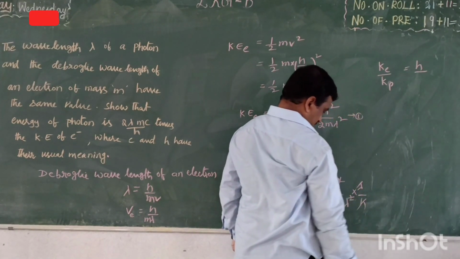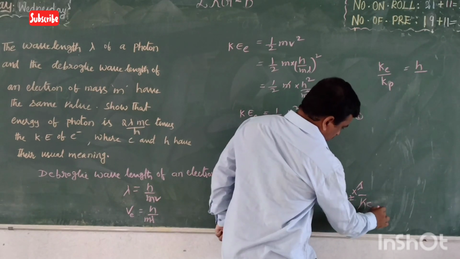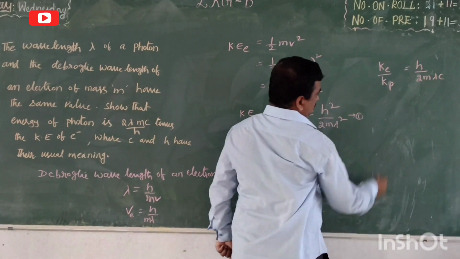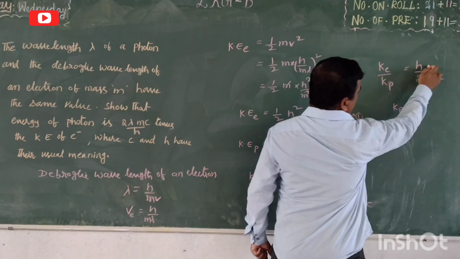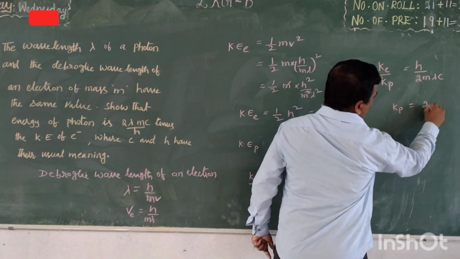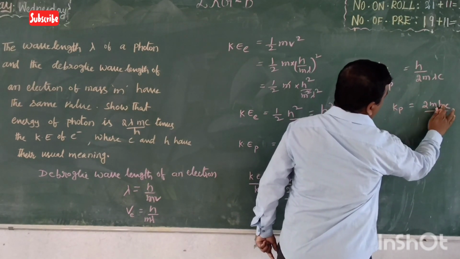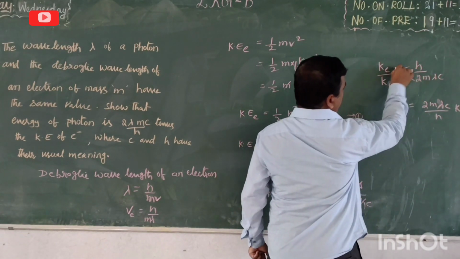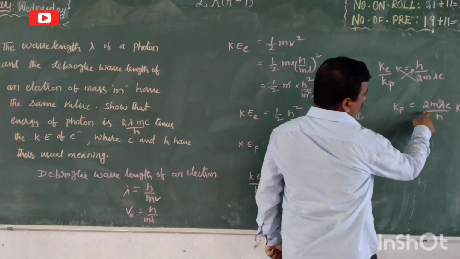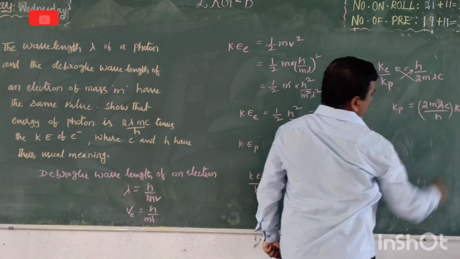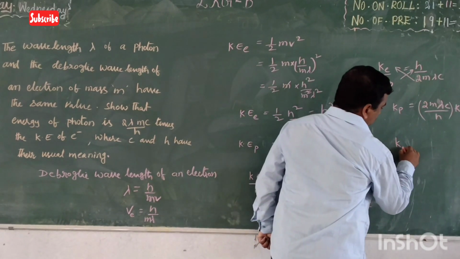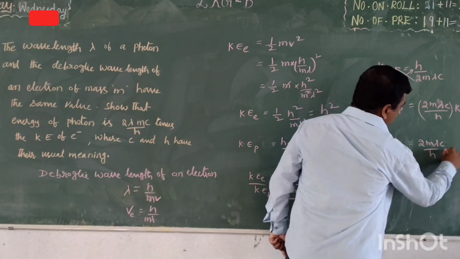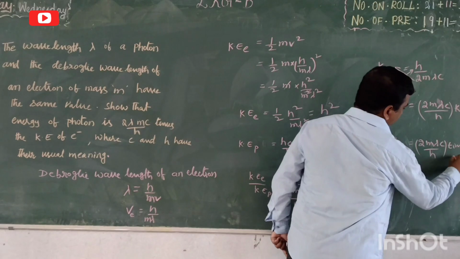What we can write now: kinetic energy of the electron by energy of the photon equals h by 2m lambda c. The energy of the photon changes to this side, so the energy of the photon equals 2m lambda c by h times the kinetic energy of the electron. So the energy of the photon is 2m lambda c by h times the kinetic energy of the electron.